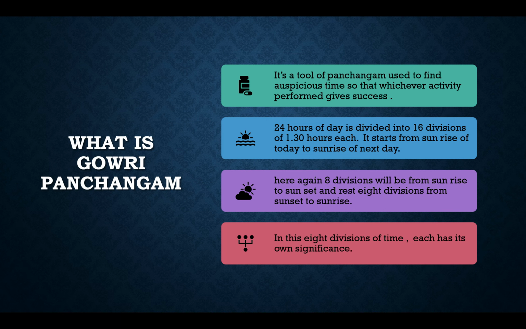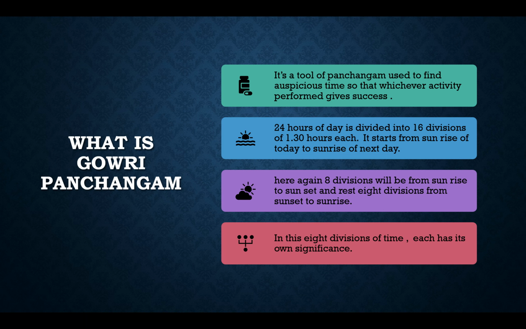But instead of going into such huge details, here we are taking a particular time division of a day, because each time division of a day is ruled by a particular planet. The nature of that planet is going to tell us whether doing a particular task in that time duration is going to give good result or bad result.